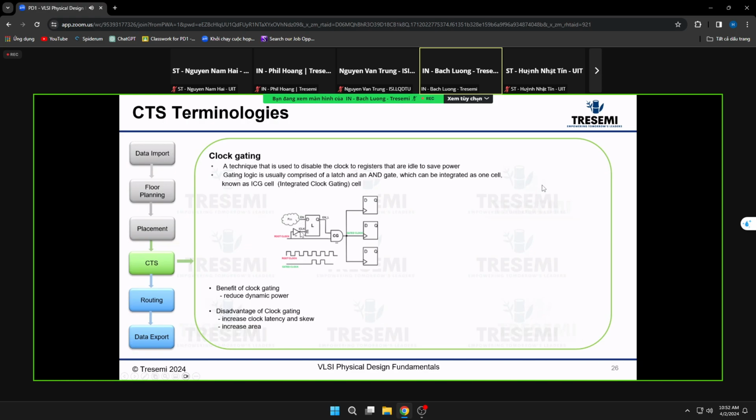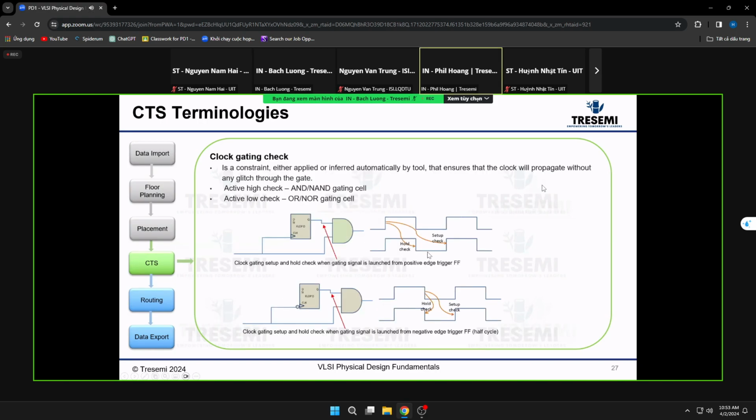So they create this one cell, with the AND gate and latch fixed together. We know the predictable timing here, so it's easier to close timing, and the ICG cell avoids a lot of issues with glitches. We mentioned that in one of the slides during placement.